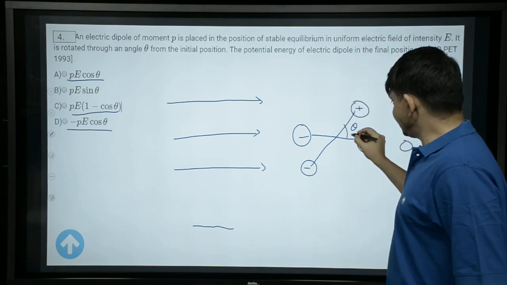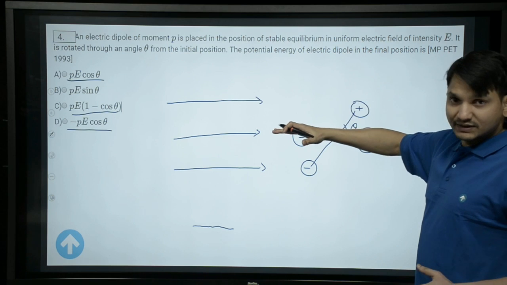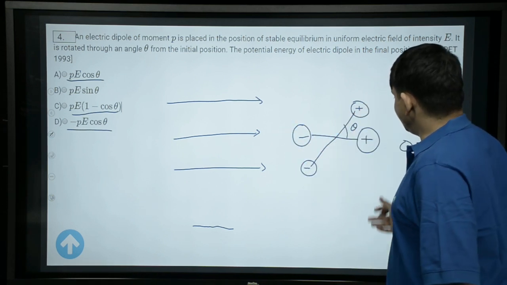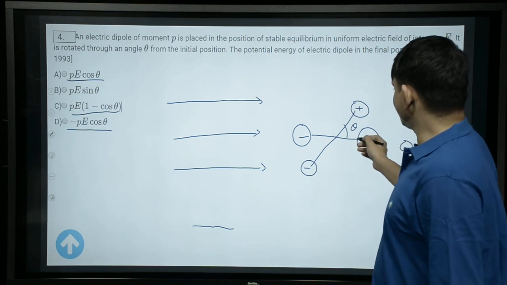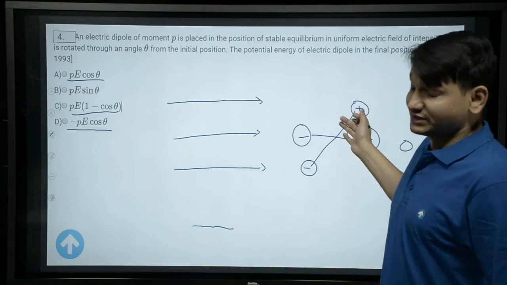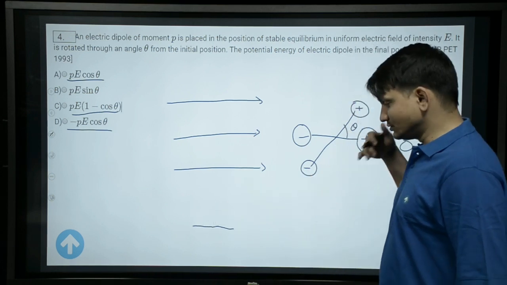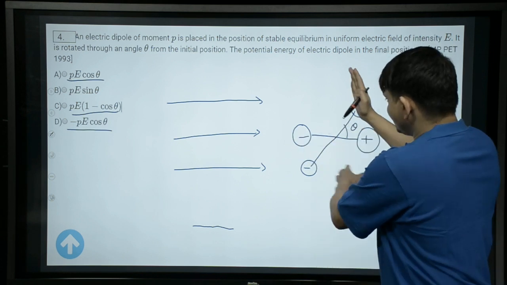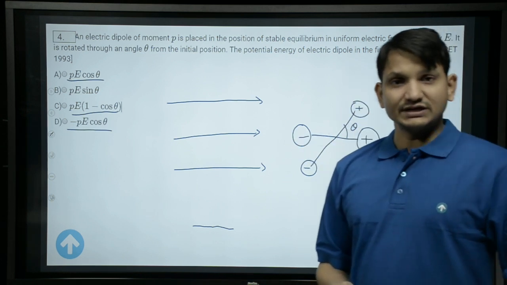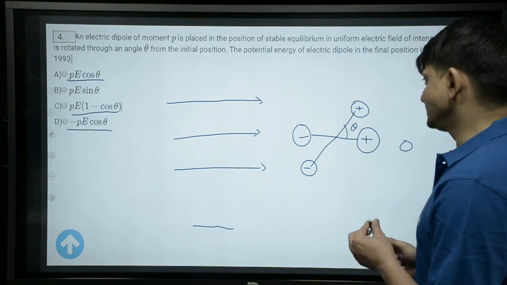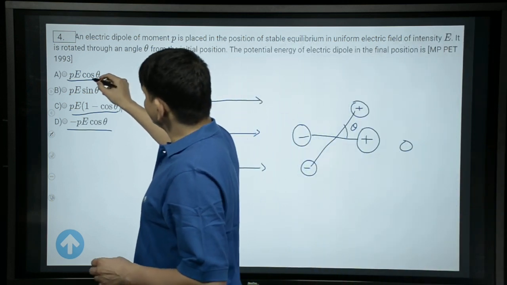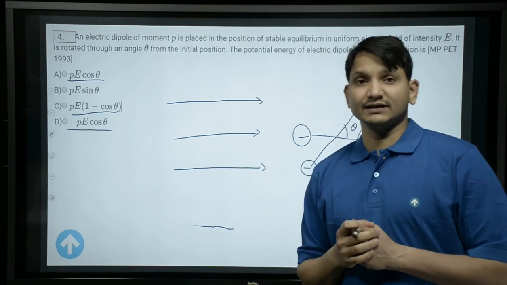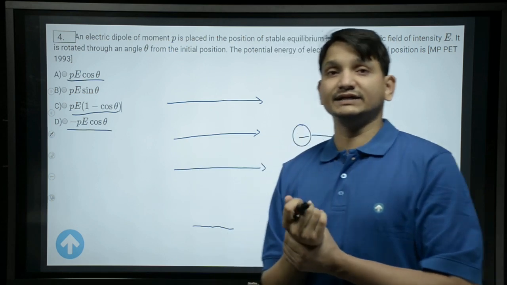Obviously theta 0 means the stable position already. If theta increases from 0 to pi by 2, that is 0 to 90 degrees, then at the perpendicular state its electrostatic potential energy is also increasing. So let's consider cos theta: is it increasing or decreasing from 0 to 90?